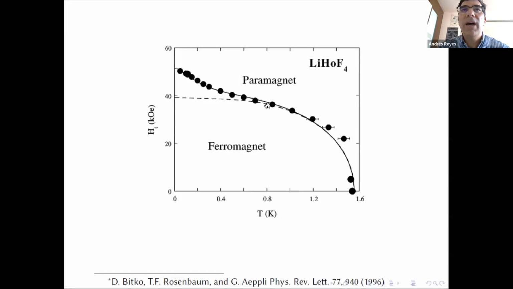If you follow the dashed line, then in the case of the Ising model, along the vertical axis for 0 temperature, there is a well-defined Z2 index, which takes one value here from 0 to 40, and a different value from 40 to higher values.